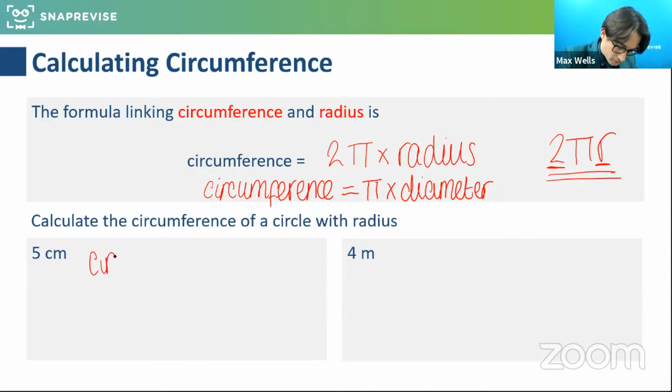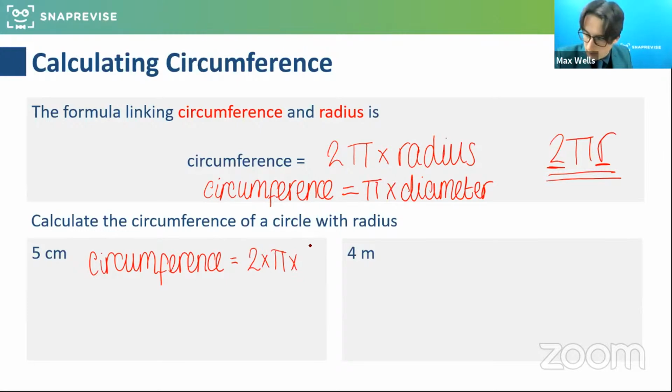The circumference, and please feel free to share answers in the chat if you haven't already, but let's see how we get on. So the circumference is going to be 2 times pi times 5 centimeters. And that will be excellent. In terms of pi, it will be 10 pi centimeters.